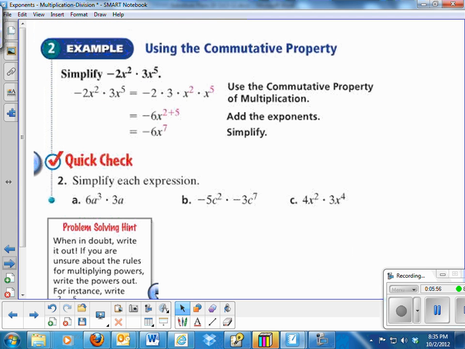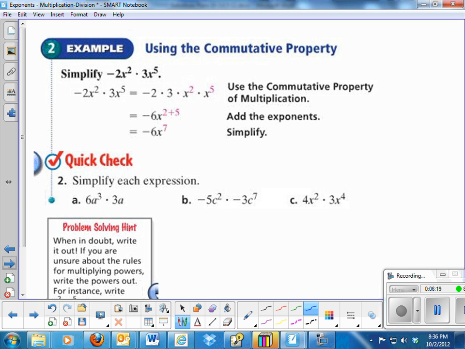Of course, I just wanted to show you how the commutative property can help you. Here's our example, -2x squared times 3x to the 5th power. I've got some variables and some numbers and some exponents there. I want to combine things that are alike.